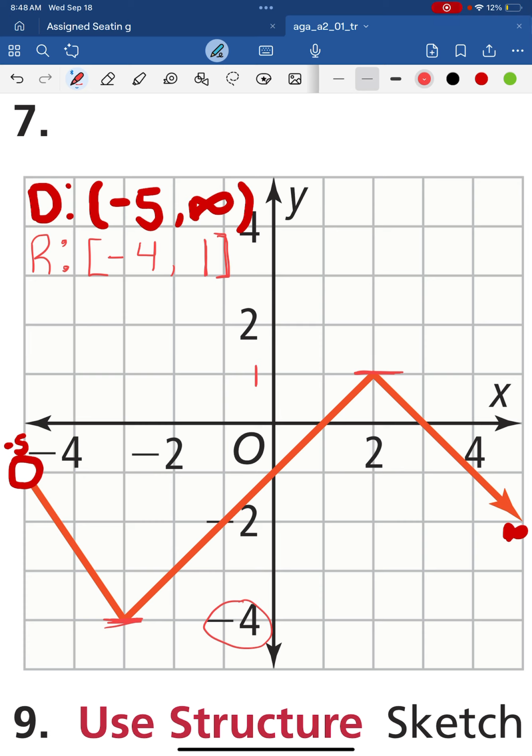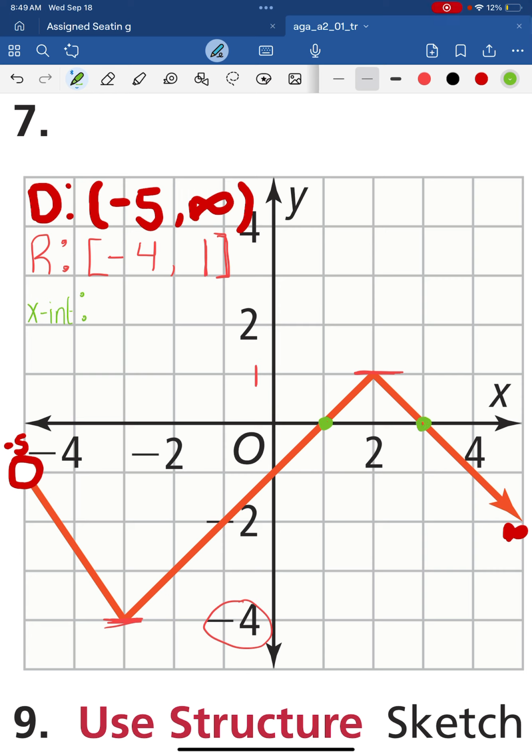It asks me to find the zeros of the function. The zeros of the function is just a fancy way to say my x-intercepts. I have an x-intercept here. And then I look like I intercept the x-axis again over here.